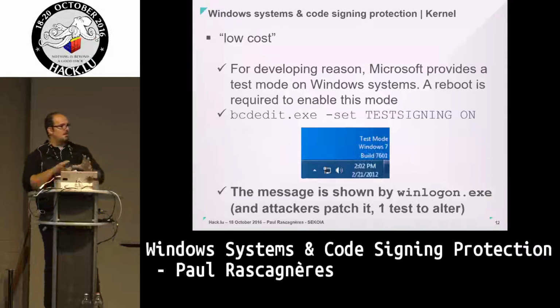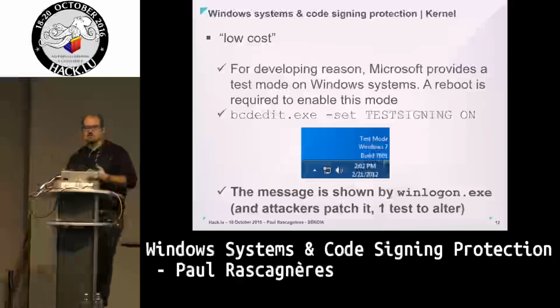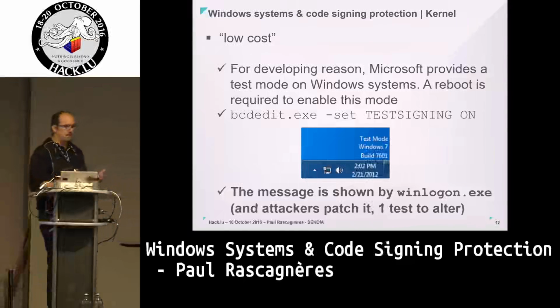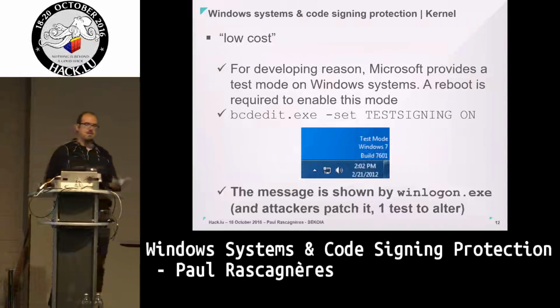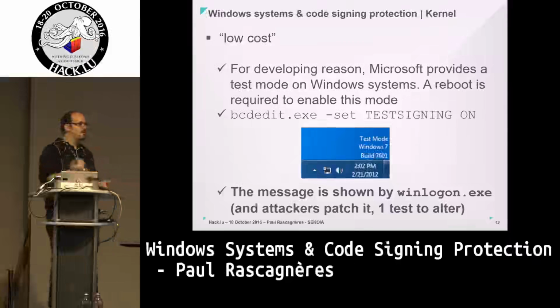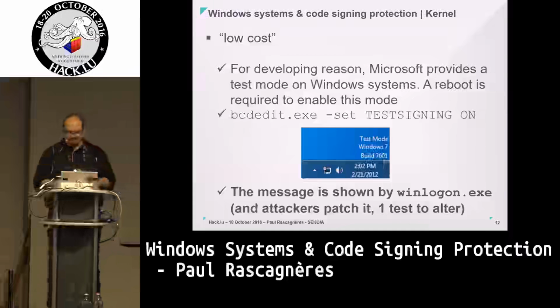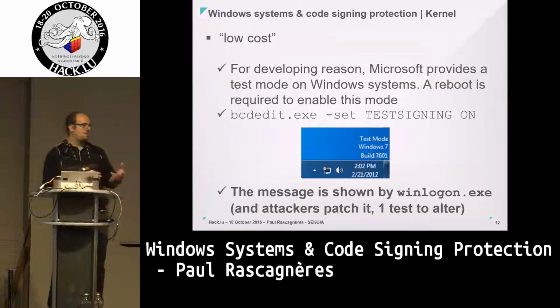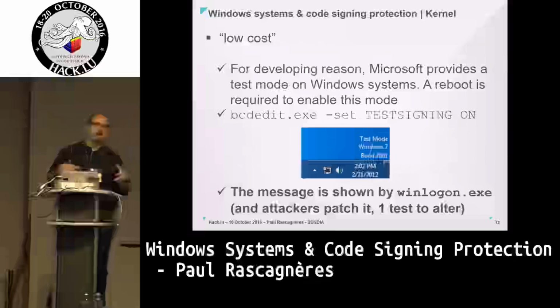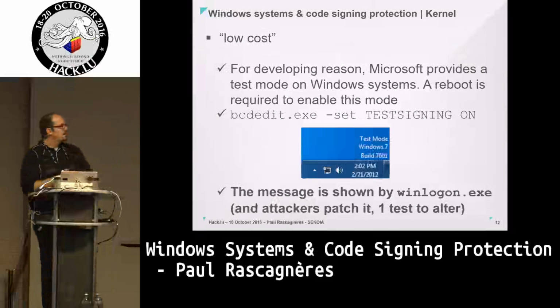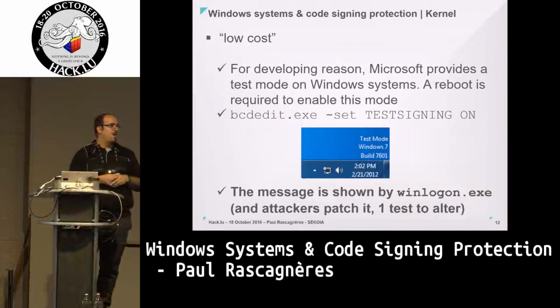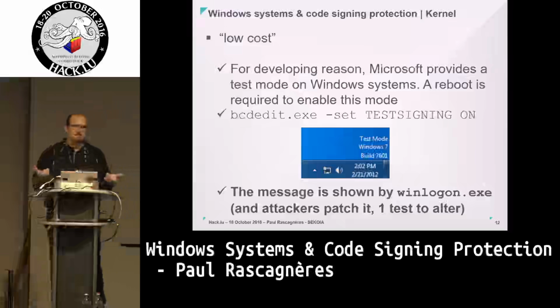You don't have the display, but the signature enforcement is really disabled. If you use the bcdedit command to check, you can see you are in testing mode. It's not visual, but you are really in testing mode. So for me, it's a low-cost approach because you don't really bypass Authenticode. You simply disable it and hide the message from the users.